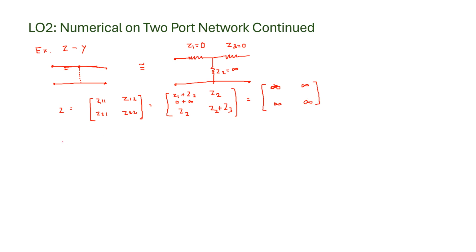Now how can we find y parameters? So y parameters, it goes into indeterminate form. Because if you take the inverse of this matrix, then it will be in the indeterminate form.